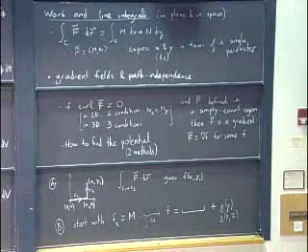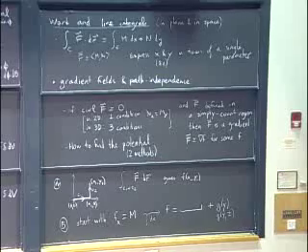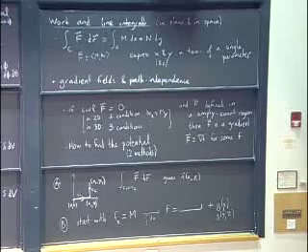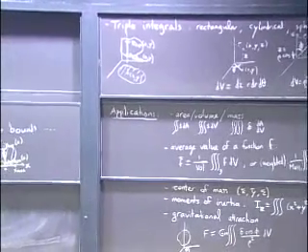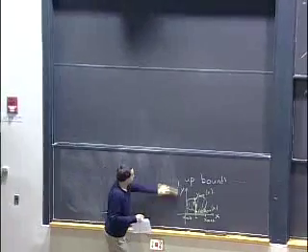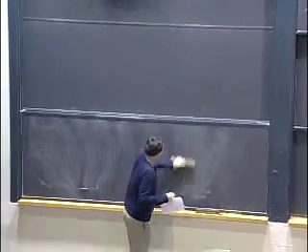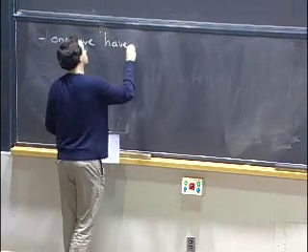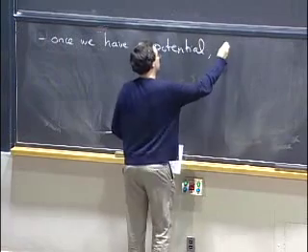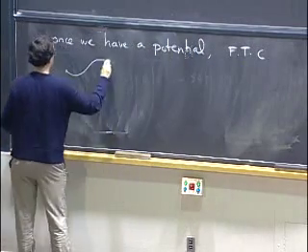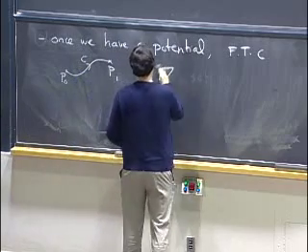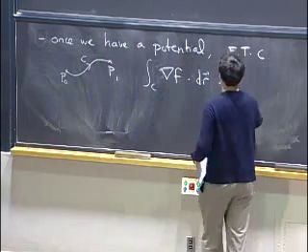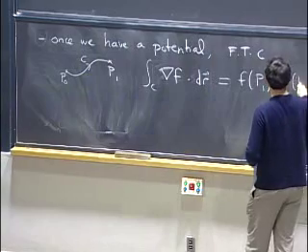Okay, and so in particular, what we've seen is once we have the potential, then we can use the fundamental theorem of calculus to tell us that if we have a line integral to compute for work along a curve that goes from some point P0 to some point P1, then the line integral for the work done by gradient f is actually going just to be the change in the value of the potential.